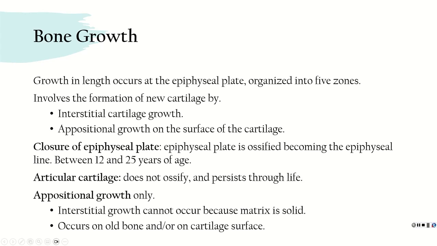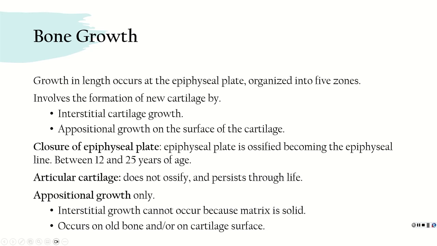Really, you form new cartilage first, which is called interstitial growth because it's inside, right? And then you have appositional growth alongside of the plate to form on top of that surface of that cartilage to calcify the bone. So this epiphyseal plate, we'll have an image coming up, becomes a line.